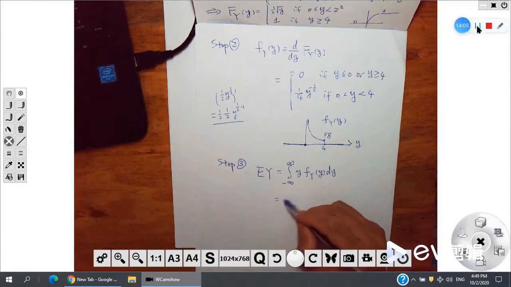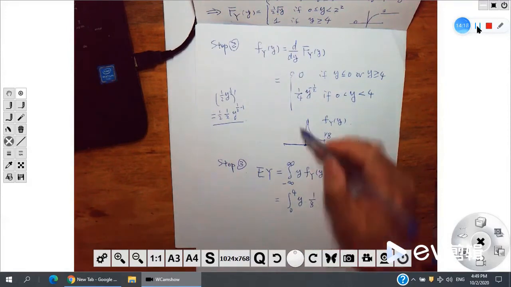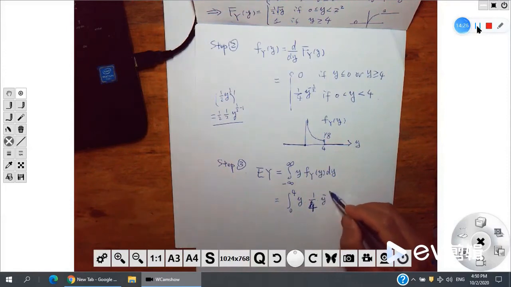So this is the integral from 0 to 4 of y times 1/4 times y to the negative 1/2 dy.